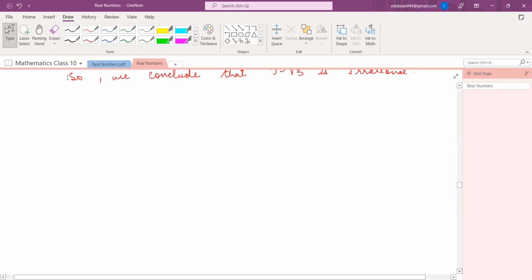Yes, next example. Have you written, Hamna? Anyway, this was an example of the book. In the next question, you have to show that 3 root 2 is irrational.